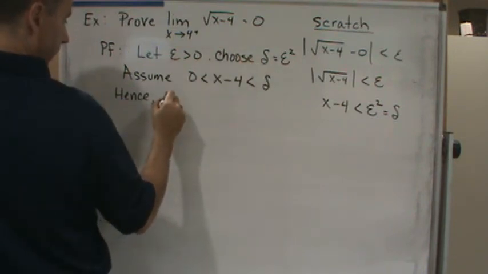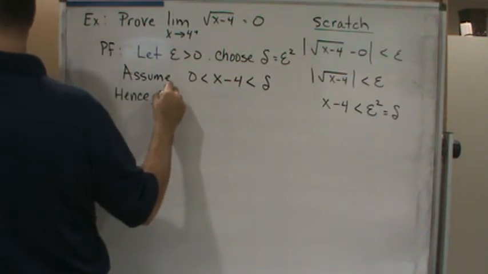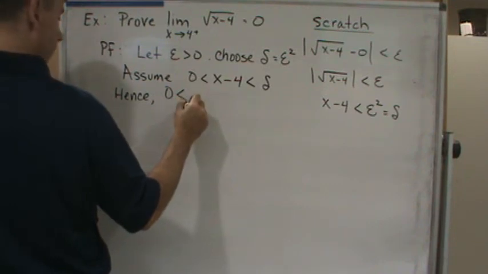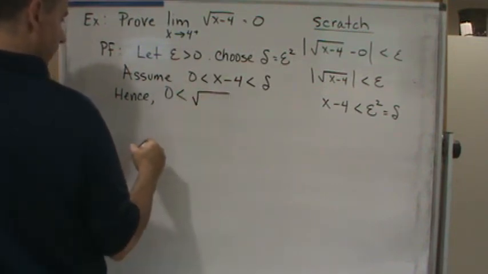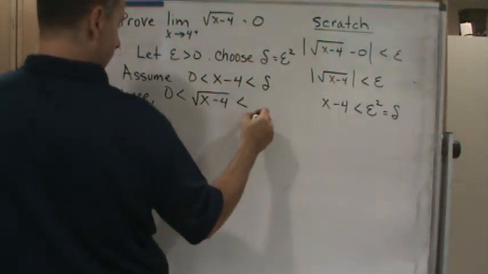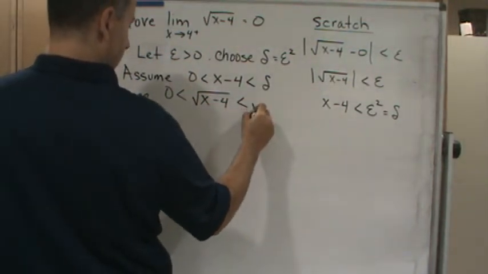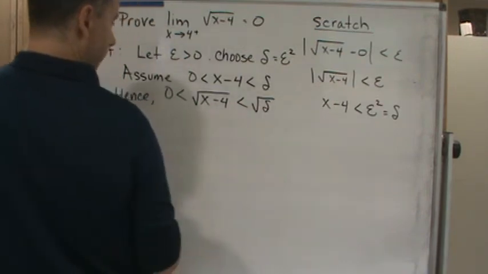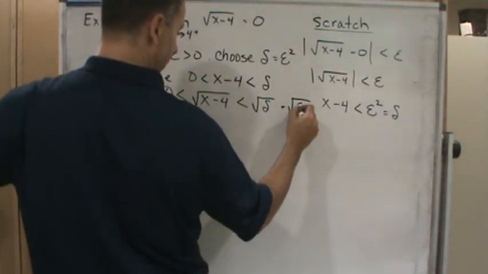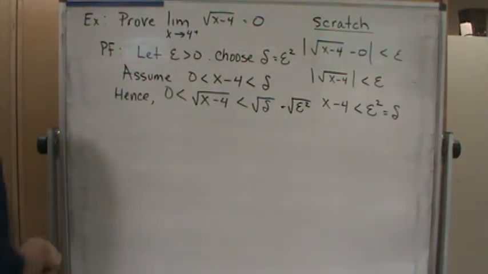So it's going to be the square root, right? So 0 is less than the square root of x minus 4, which is less than the square root of delta, which equals the square root of epsilon squared, right?